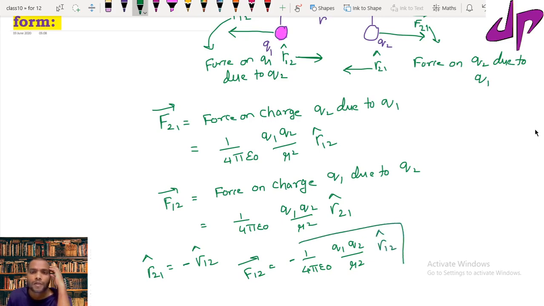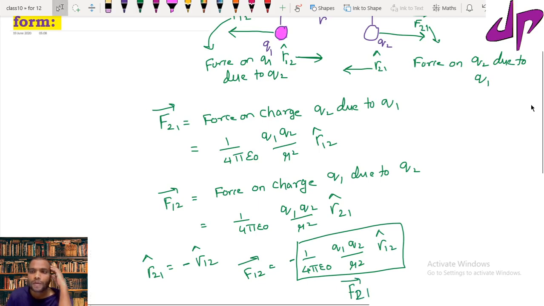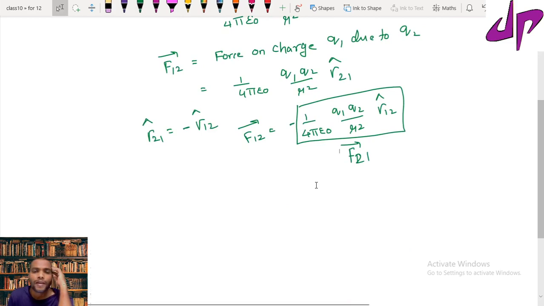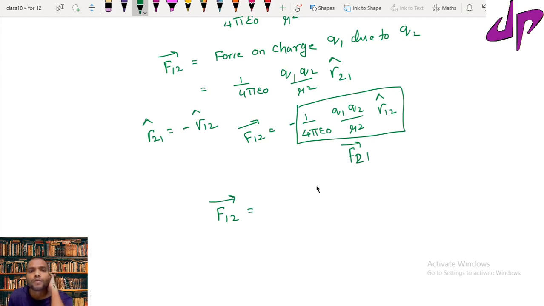This quantity I will replace with F21. So finally, F12 bar, the force on the first charge due to the second, is equal to minus of F21 bar.